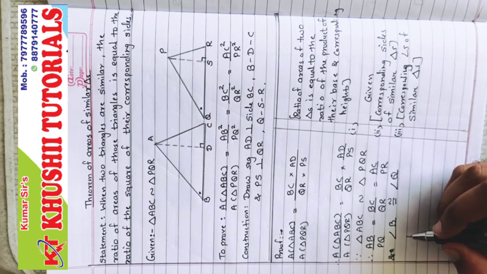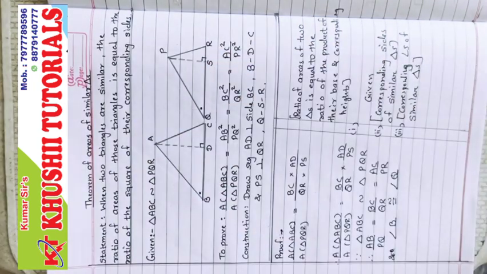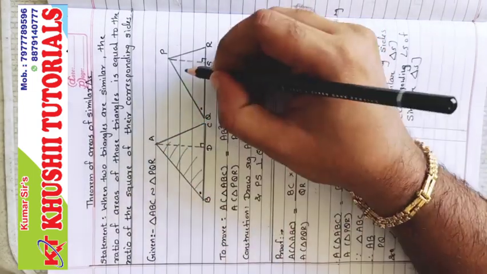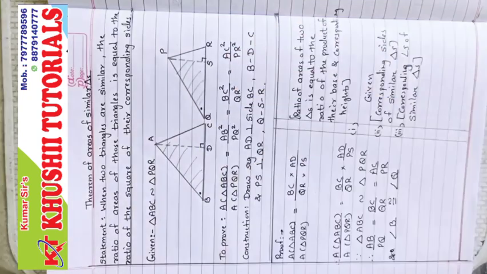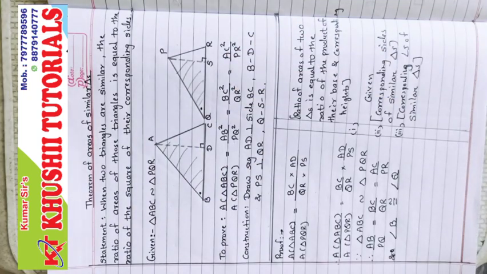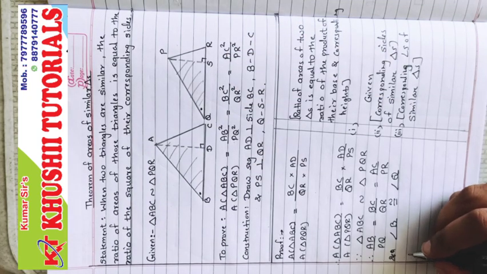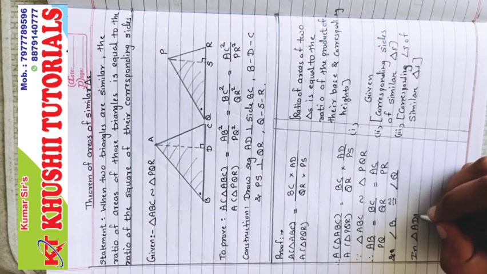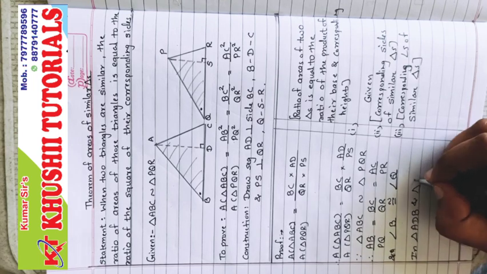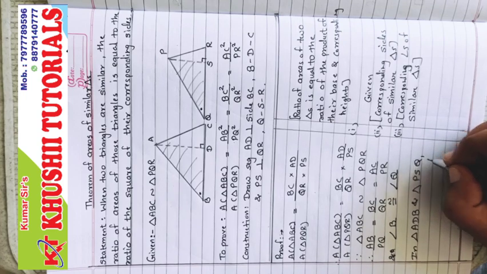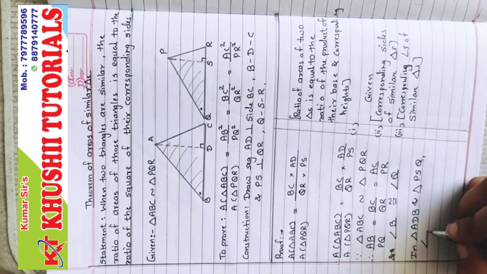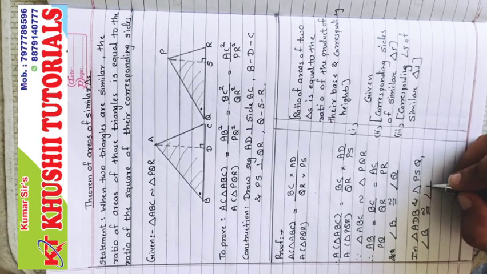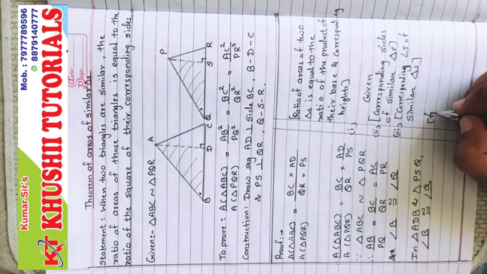Now we will consider the next two triangles. These two triangles, we have to prove them similar, just what we learned in understanding the concept. Now in triangle ADB and triangle PSQ, angle B is congruent to angle Q from 3.